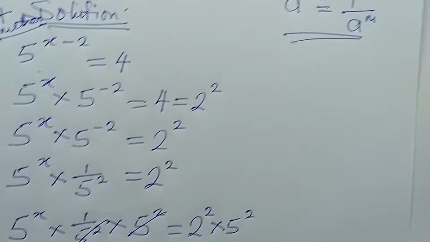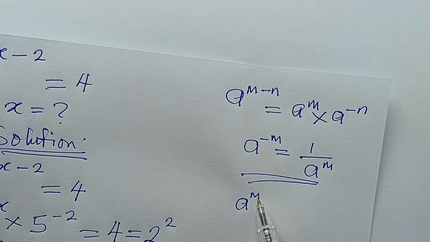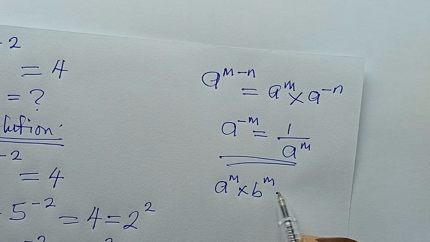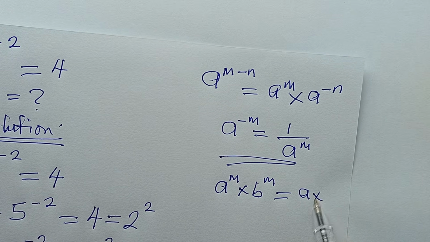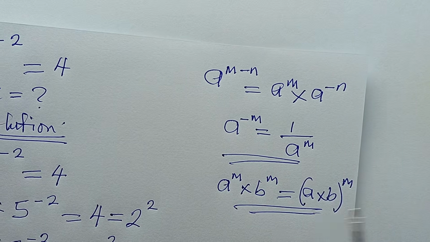Applying the law of indices, we see that when you have a to the power of m times b to the power of m, this is equal to a times b all raised to the power of m. Right?